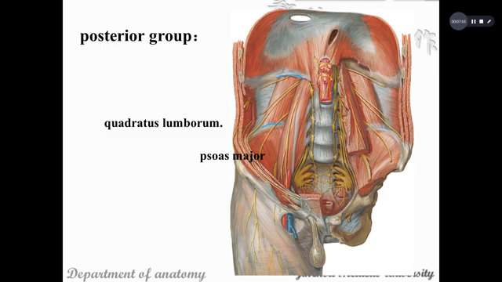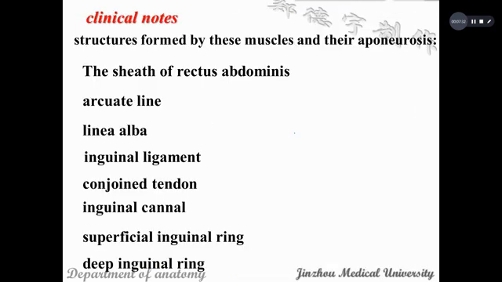And then the psoas major arises from the transverse processes, and then descends to terminate at the lesser trochanter, accompanied by the iliacus, forming the iliopsoas. This one is the psoas major, and then this one, the quadratus lumborum.